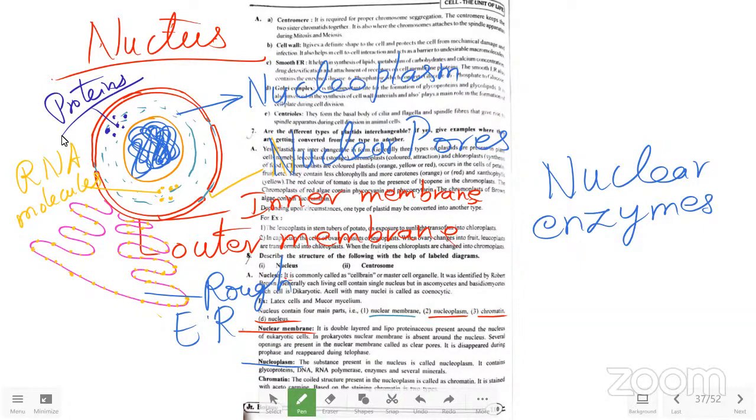Which types of enzymes? RNA polymerase, DNA polymerase, and ligase enzymes, like that.